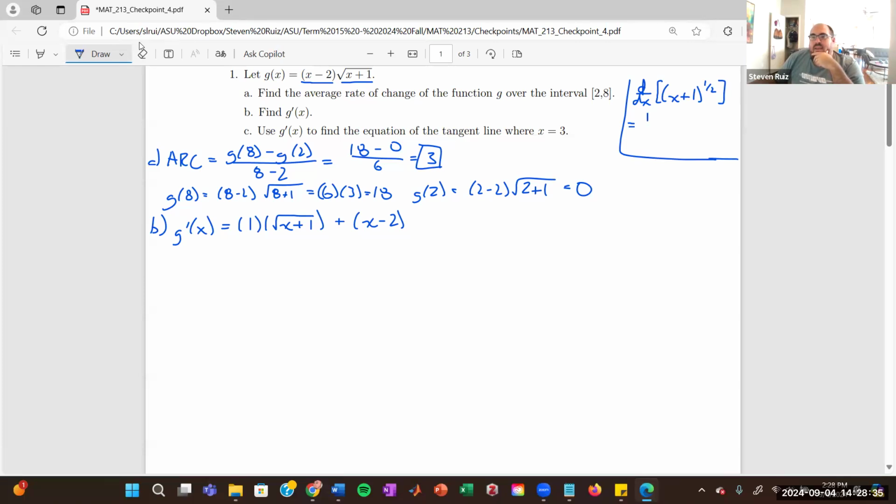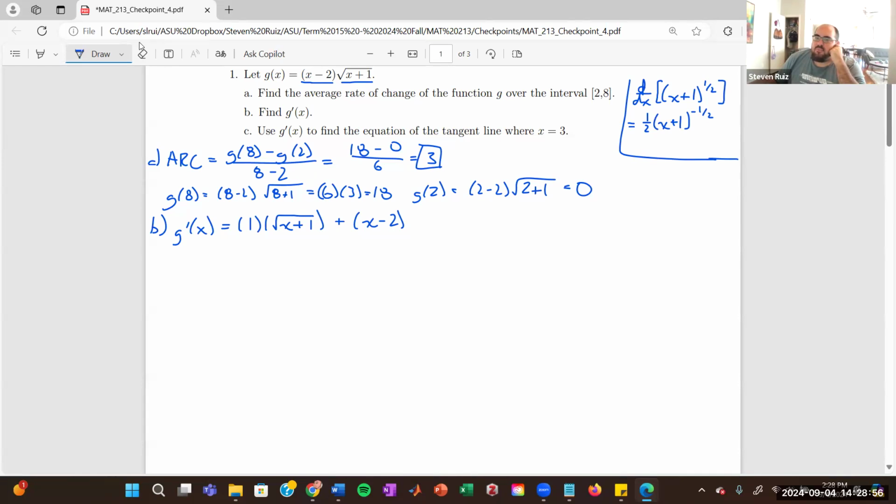Well, it's 1/2 times that something to the negative 1/2 power. So that's handling the outer function using the power rule. And I'm going to leave the inner function intact. Now, what does the chain rule say we have to do?